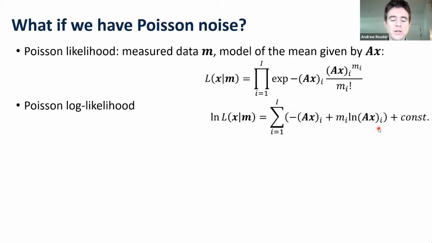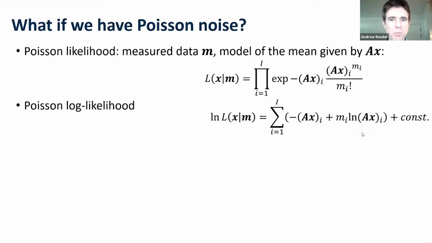So what you need to realize is, just like hopefully least squares is a very obvious distance measure for you, the analogy in the Poisson case is always going to be this basic form, which is measured data times log model minus the model. So just like you know that it's measured data minus model, the L2 norm, for least squares, you should also know, hopefully, sooner or later, that for the Poisson case, it's always of this form.